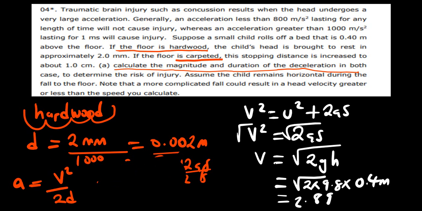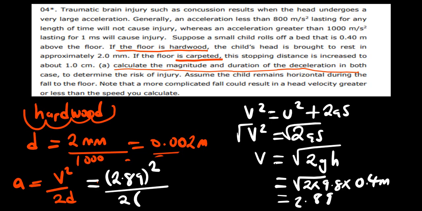We've already found the final velocity, 2.89 meters per second. This is squared over 2 multiplied by the distance, which we've already converted, 0.002 meters for hardwood.